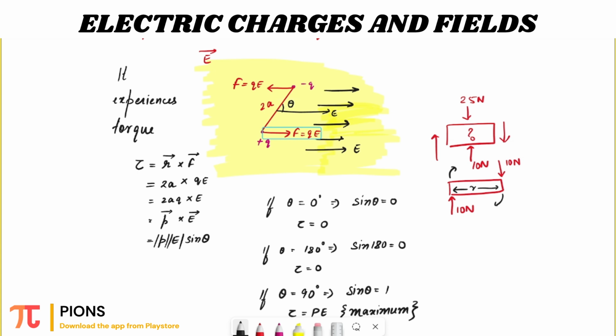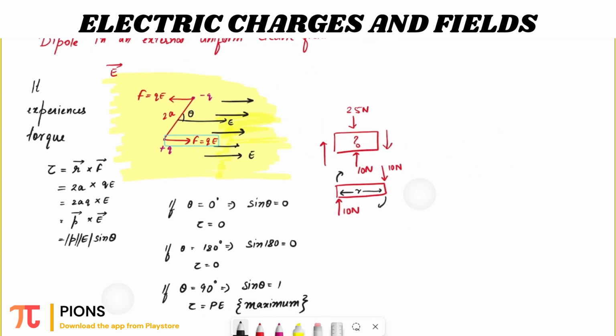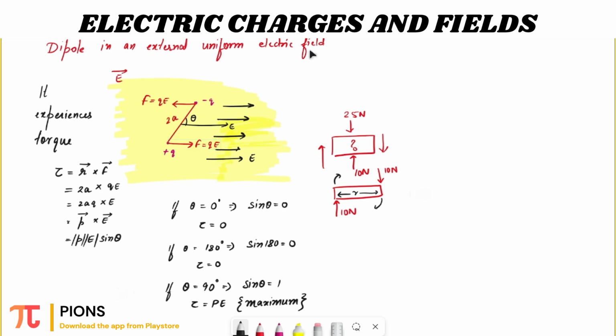But now looking at the papers this year and all, we can understand one more very small concept, that what happens if instead of uniform, it's a non-uniform field. So which means the electric field at each and every point is different, right? So let me write here only one statement. I am just putting it extra in by any chance if they ask for a non-uniform electric field.